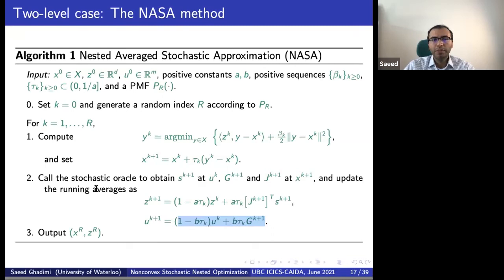The probability distribution of this index R depends on the choice of the step size that you have, but usually, if your step size is constant, this would be just a uniform distribution. So you run the algorithm for capital N iterations, and the output would be a solution whose index is chosen randomly from 1 to N. In this case, we can establish the convergence rate for that random index.